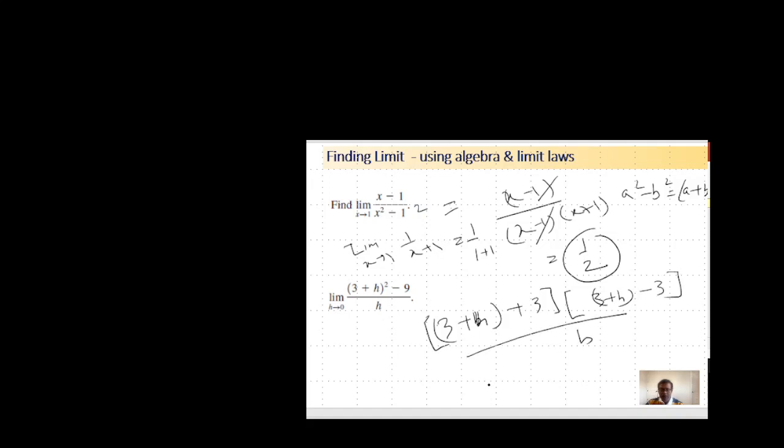The bottom is h, so this becomes 6 plus h. This is just h over h, which gets cancelled out. So the limit as h approaches 0: now we need to find 6 plus h. So that is 6 plus 0.